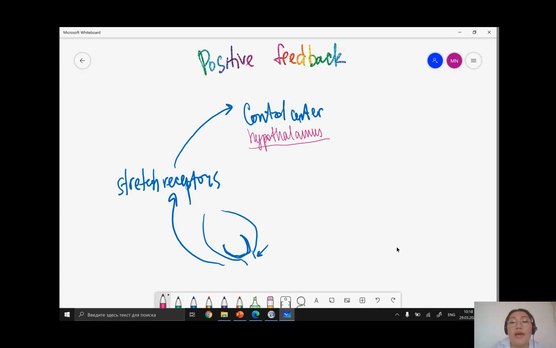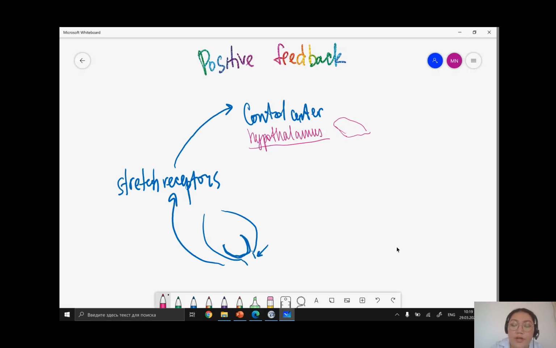The hypothalamus has a connection with the endocrine gland. Which endocrine gland? This is the pituitary gland. I think you have heard about it.